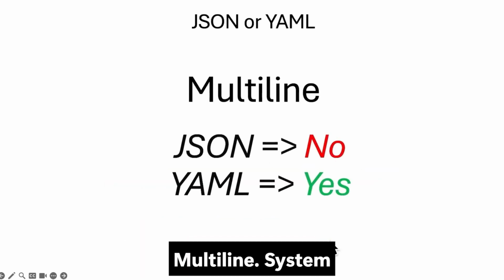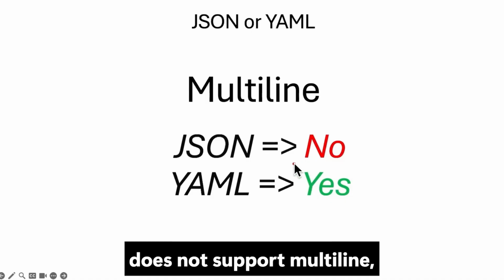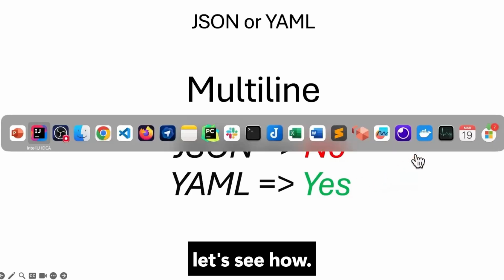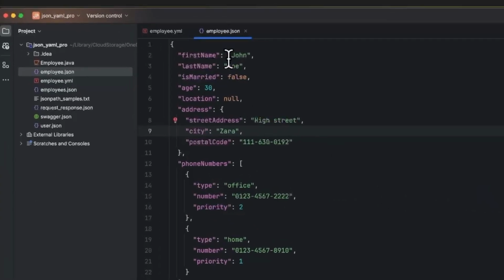Multi-line. JSON does not support multi-line, but YAML supports it. Okay, let's see how. In JSON, you see every key value here is a single line, and there is a section.